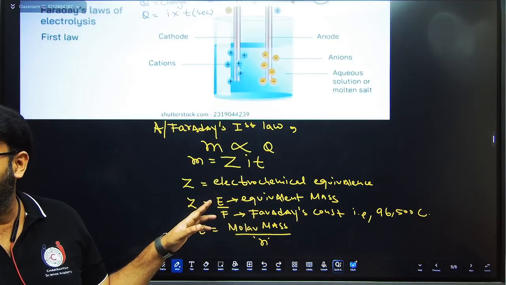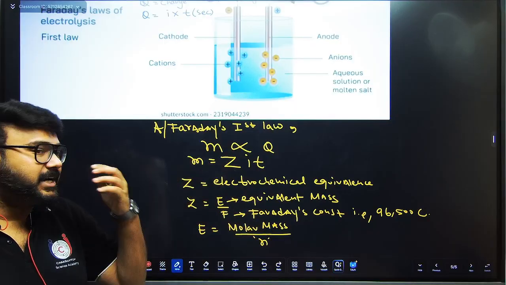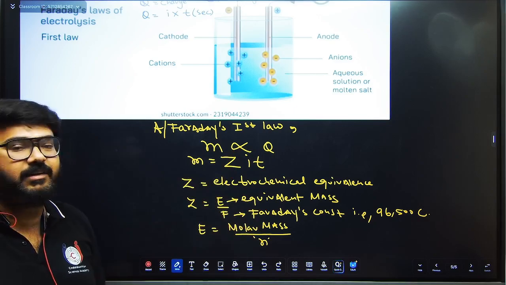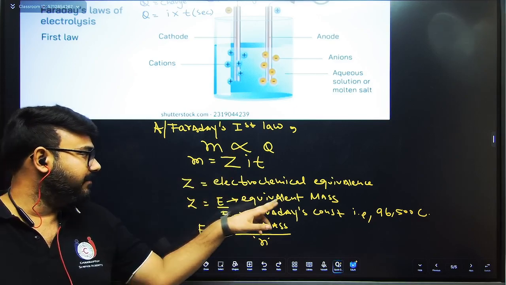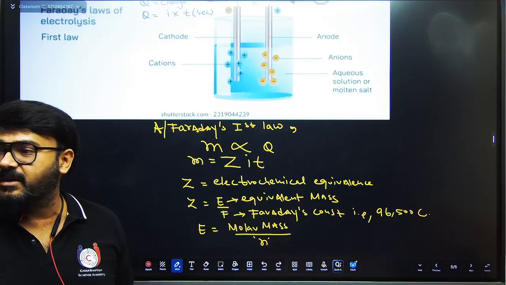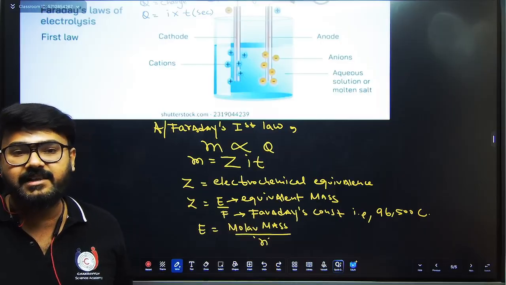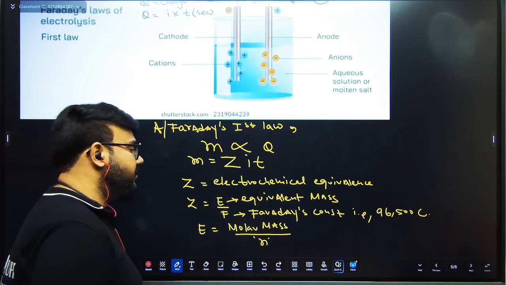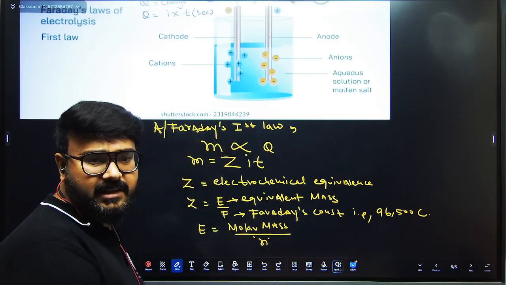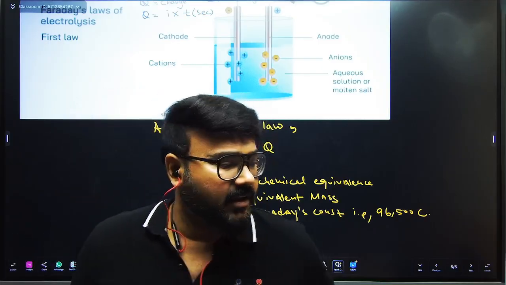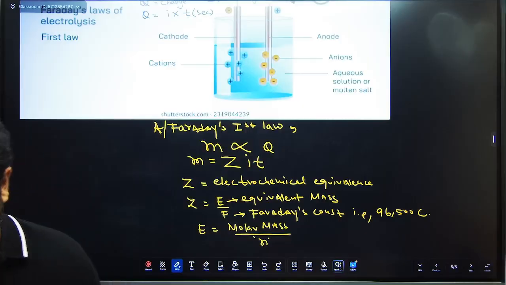To remove the proportionality, we use the constant electrochemical equivalence. The formula of Z is E by F. E is the equivalent mass: molar mass divided by n factor, the number of electrons transferred. We studied this in the Nernst equation, right? Online, is everyone clear on the first law? Kindly confirm.